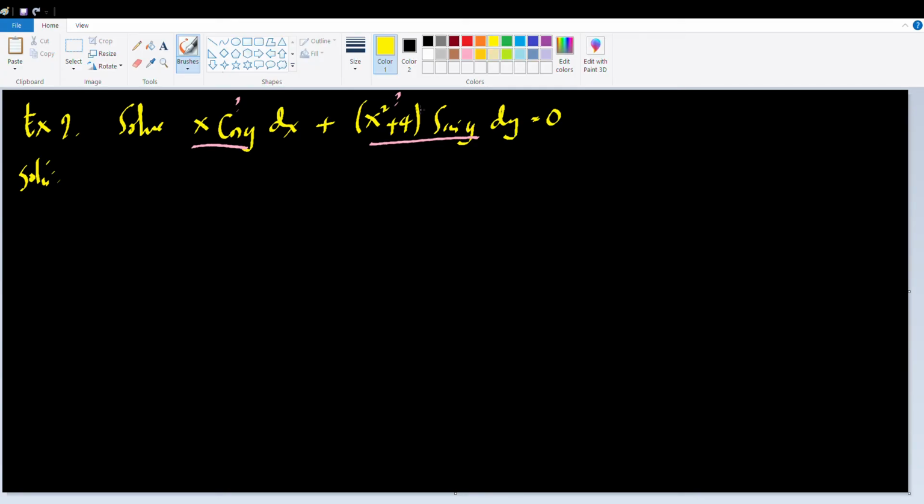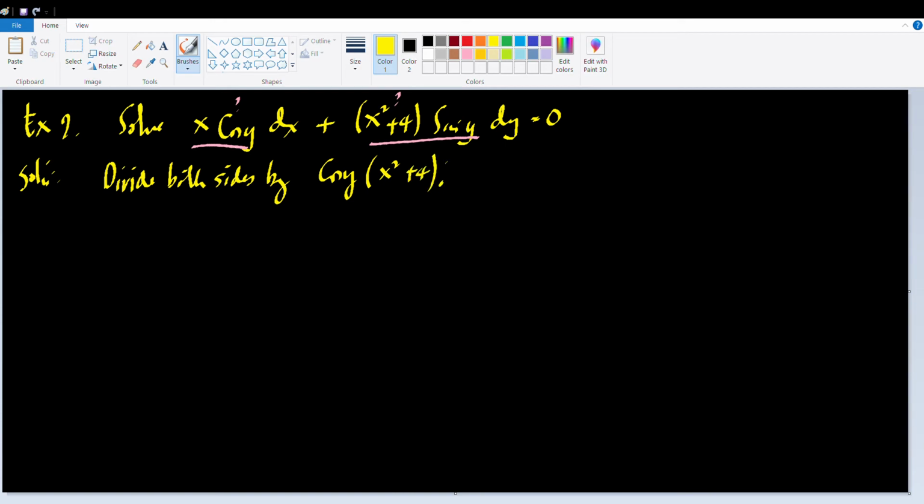So, to solve this problem, we work on the coefficients by dividing both sides by the unwanted coefficients, cosine y and x squared plus 4.